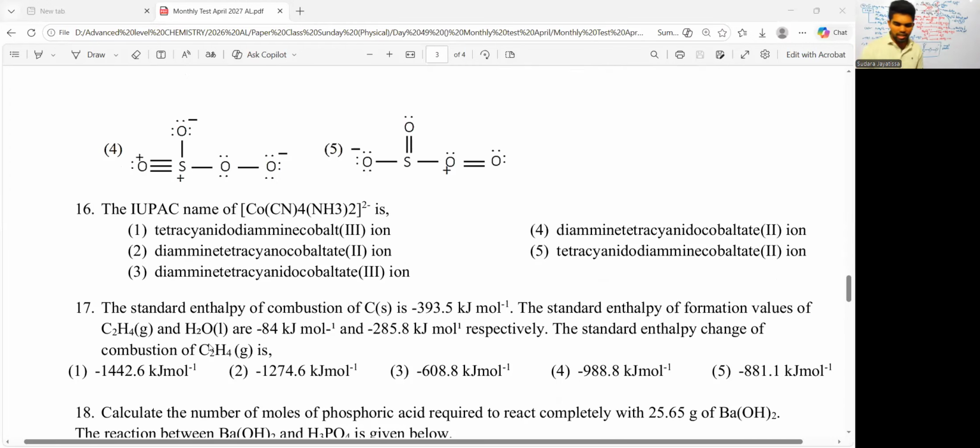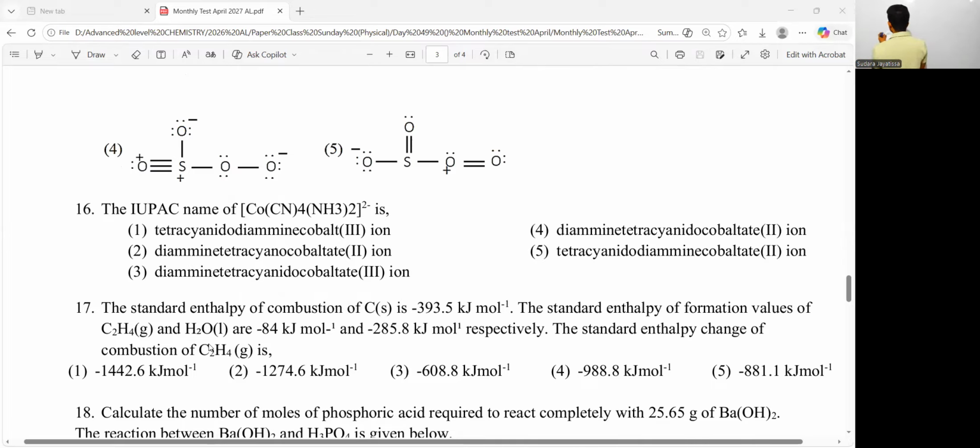And the 16th one is coming from IUPAC nomenclature of d-block complexes. IUPAC nomenclature of d-block complexes. Let's give it a try. The IUPAC name of this compound.